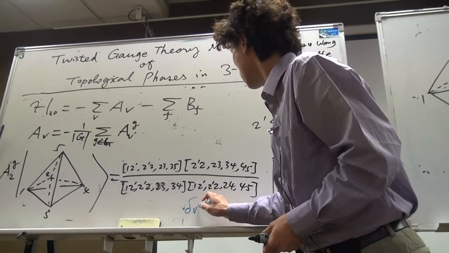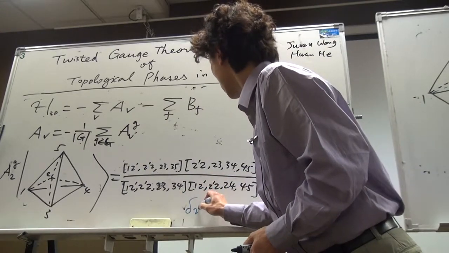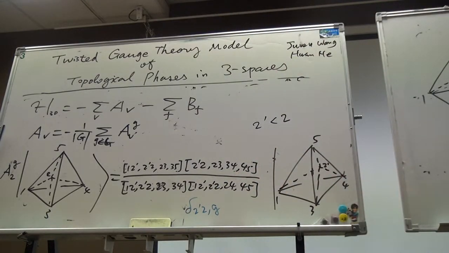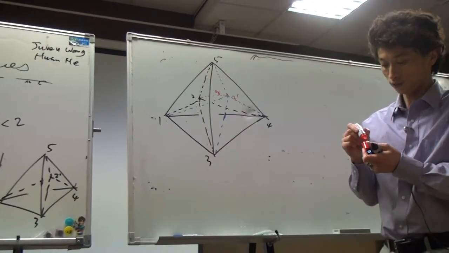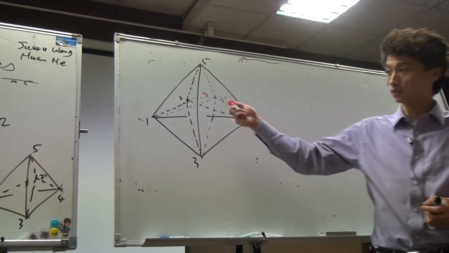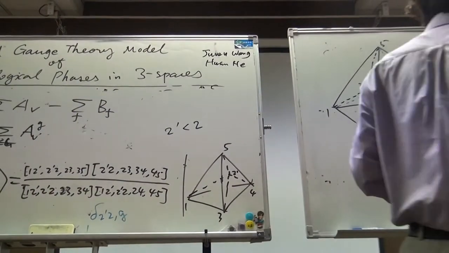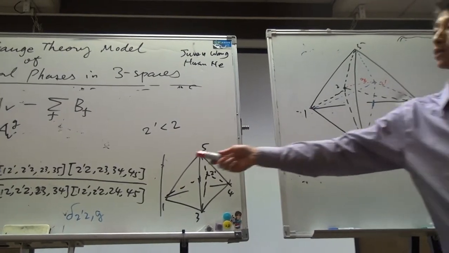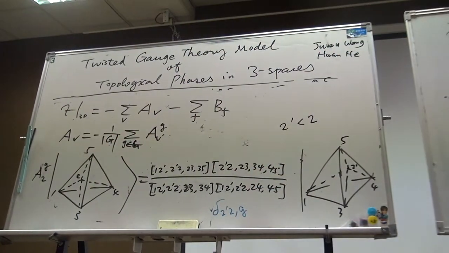This delta function imposes that 2'2 is labeled by the group element G, which is the superscript of the operator here. So this is how you construct the amplitude of the vertex operator.